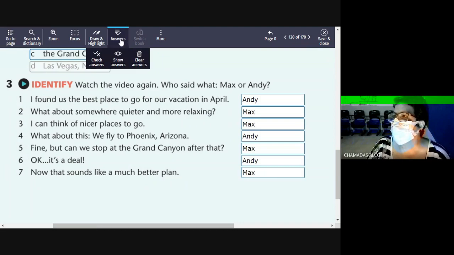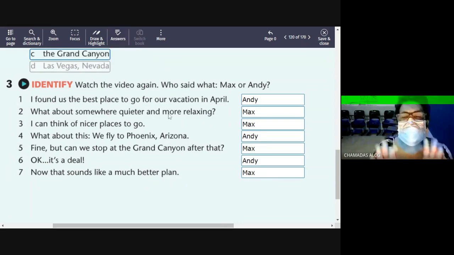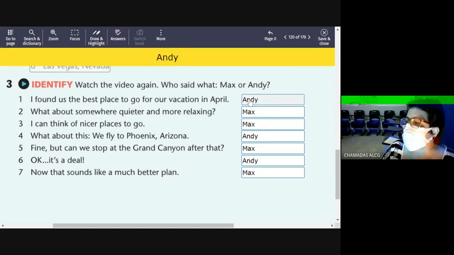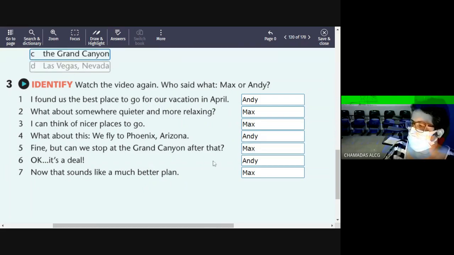Okay, guys. So you see, the book has some mistakes in the answer key. So the first one, it was Andy, Max, Max again. Number 4, Andy. Number 5, Max, Andy, and then Max.